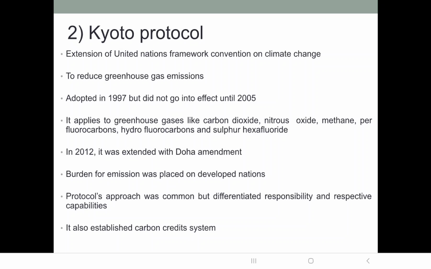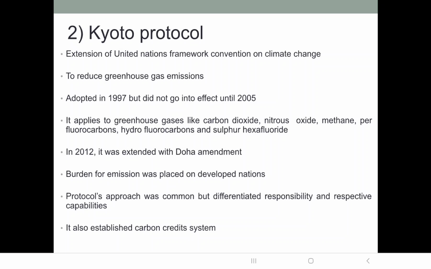What is done here is that it established a system of carbon credits. Carbon credits means what? It divides the countries into two parts, developed countries and developing countries. Developed countries will carry out emission reduction projects, or clean technology projects, in the developing countries, and for that they will earn certain carbon credits. Carbon credits are a definite number of carbon emissions that a particular country can emit.